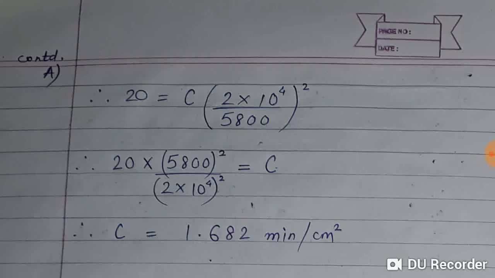Then we have the volume as 2 into 10 raised to 4, or 20,000, divided by the surface area, which we have calculated as 5800. We need to find C, because that is the only unknown in this equation. So I have transferred 5800 square and 2 into 10 raised to 4 square to the other side. By doing that, I can calculate C. I got the value of C as 1.682 minute per centimeter square.